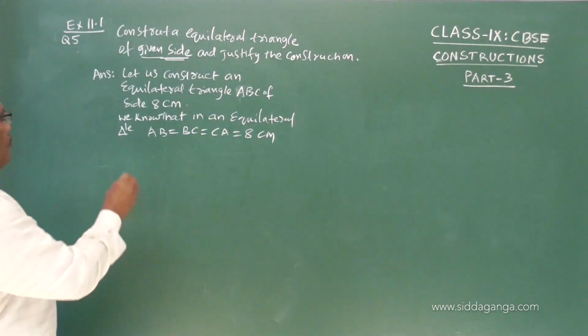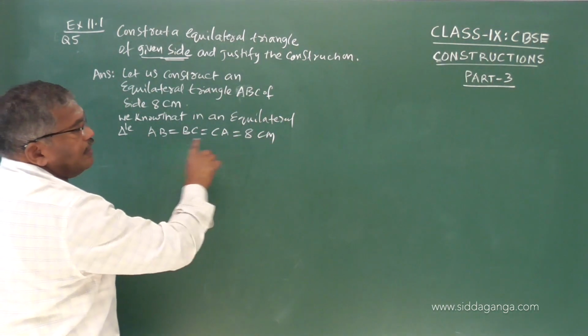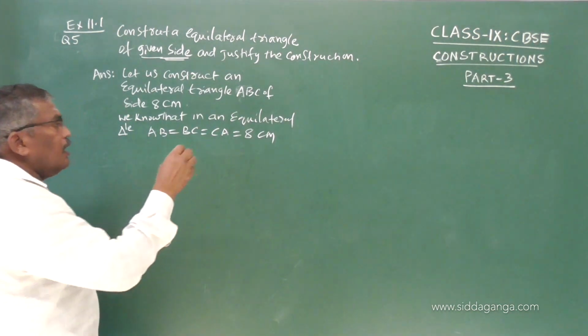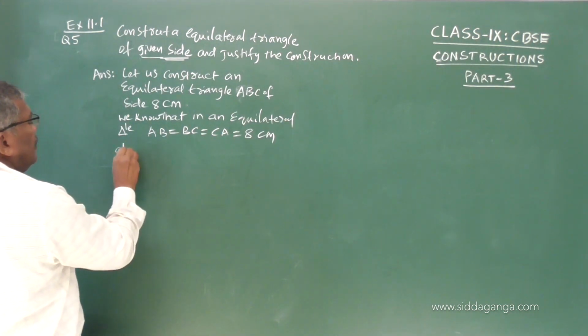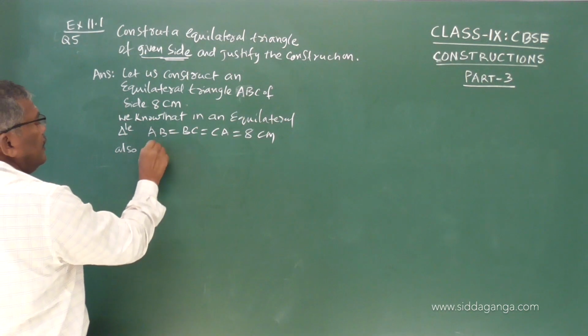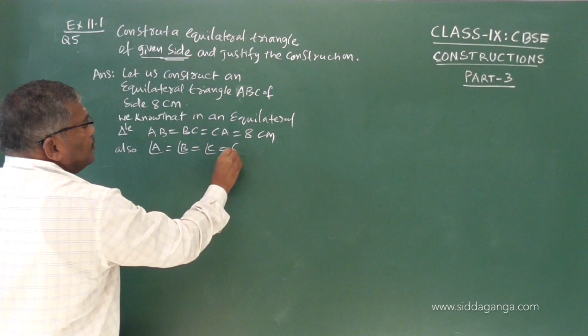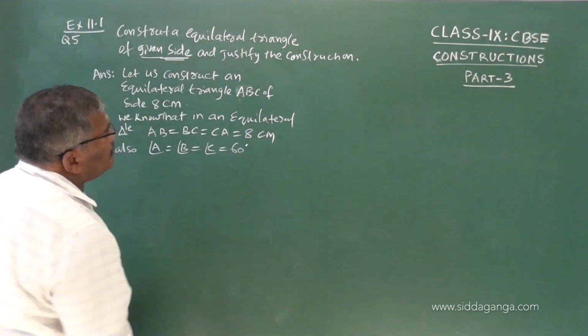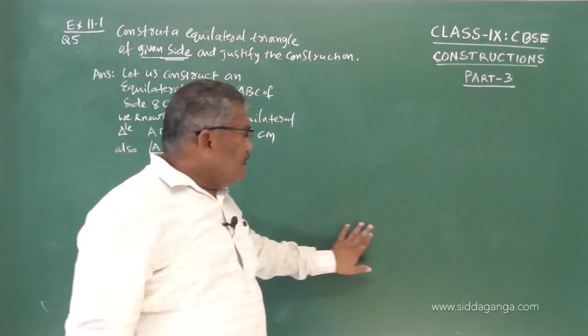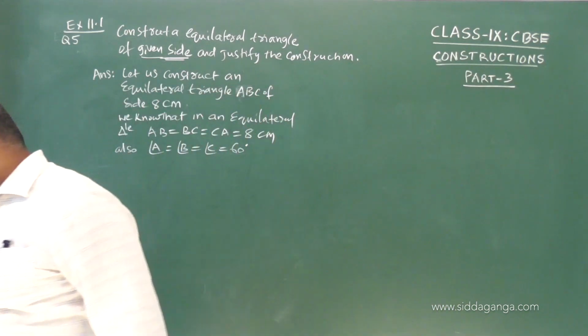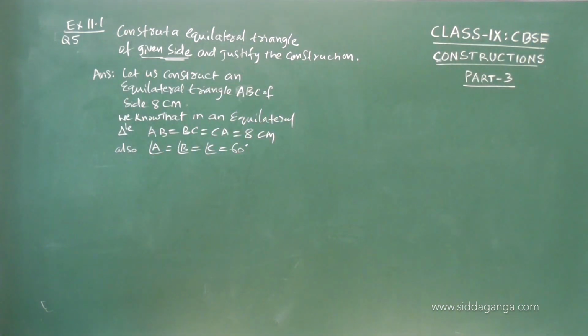And not only this, all three sides are equal and all angles are equal. Also, angle A will be equal to B will be equal to C will be equal to 60 degrees. So this is the property of an equilateral triangle. So we know this. Now construction.